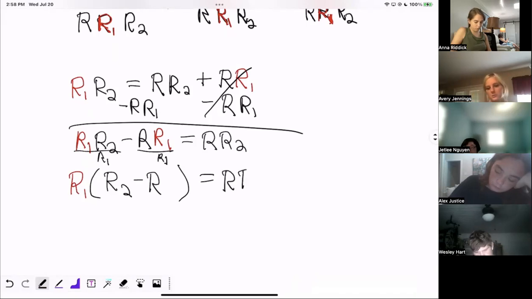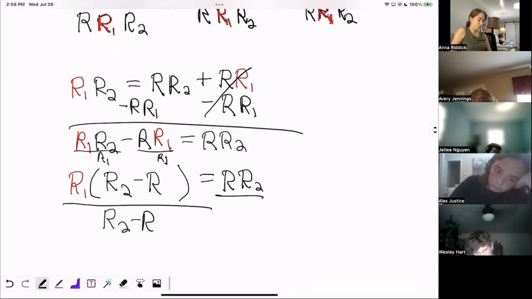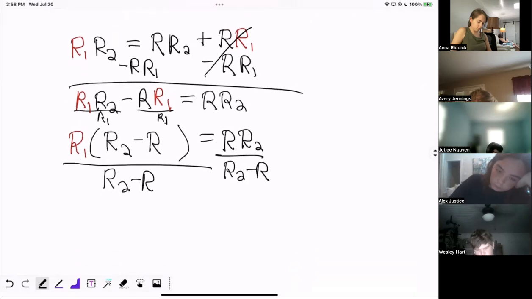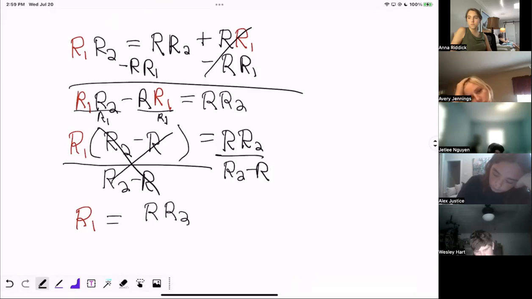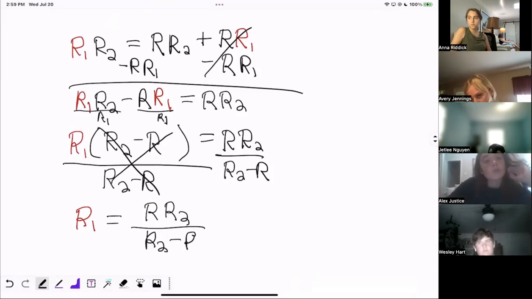Equals r sub 2. And the very last thing I have to do is divide by the parentheses, r sub 2 minus r, on both sides, and I will now successfully have r sub 1 by itself. r sub 1 equals r sub 2 over r sub 2 minus r.